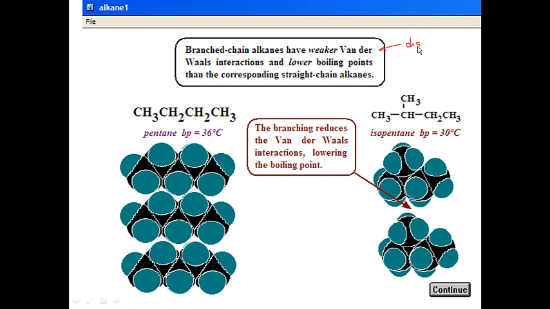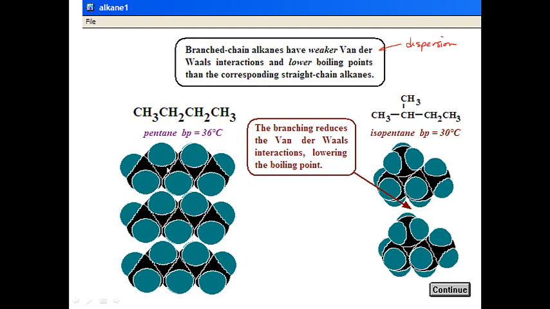These are what we call the dispersion forces nowadays, or induced dipole. But if you look at the forces that occur between molecules, it turns out that the induced dipole forces are actually proportional to the amount of surface area that the molecules can come in contact with.